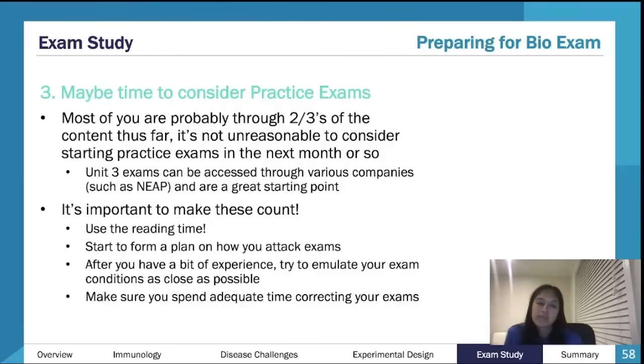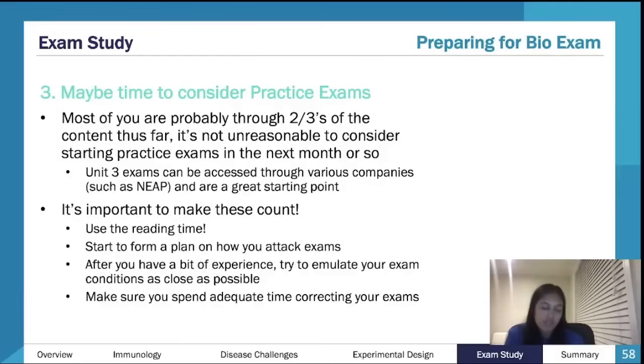I know the other tutors and some of my friends tend to start practice exams a lot earlier. It just depends on where your confidence levels are at and how you wish to prepare. For me, I didn't like the idea of doing practice exams before I was really confident with everything.